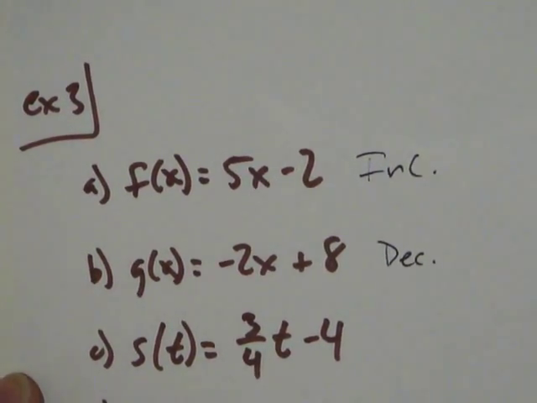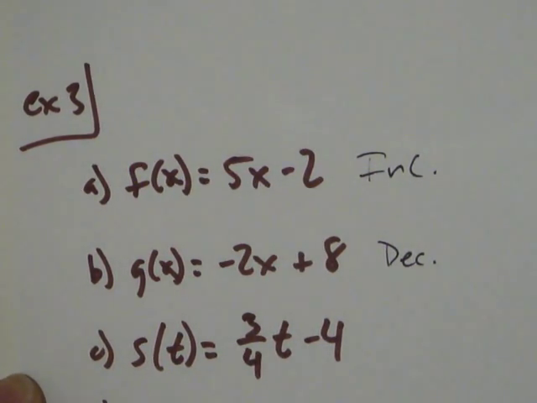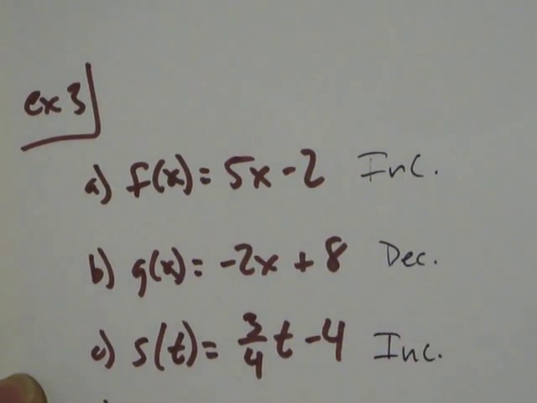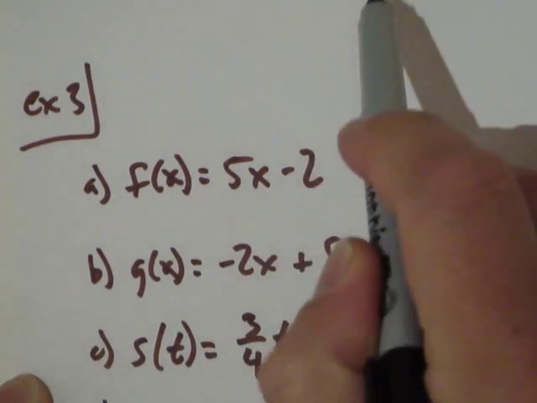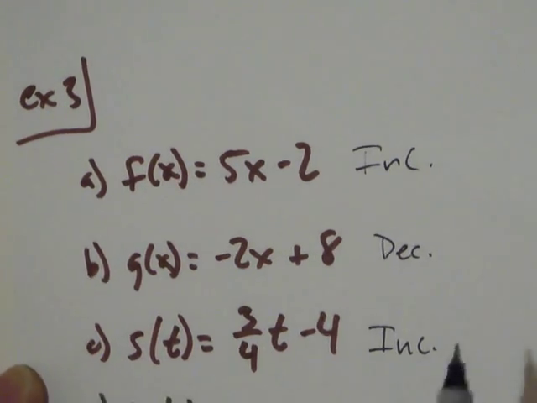This one, s of t equals 3/4 t minus 4. The 3/4 always throws people for a loop, but all we're looking at is whether it's positive or negative. It's a positive 3/4, so it'll be increasing. The difference is that it might not be as steep as the one up here, which goes up very fast, while this one goes up a little slower.